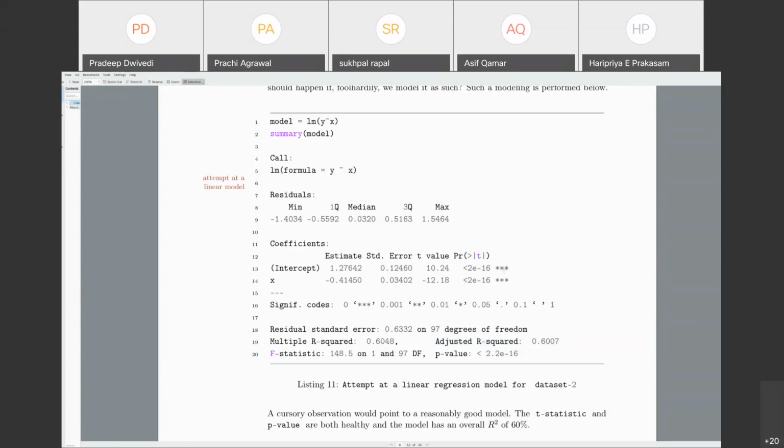Does the p-value look good, guys? I see 3 stars. So to me, it looks good, isn't it? Yes. The t-value also seems to be pretty good. Actually, they call it t-value, but in the book, you'll see it called t-statistic. T-statistic also looks good. But only one of them. The other one is not good. No, it's good, right? 10 and 12. Only the size matters, not the sign of it.